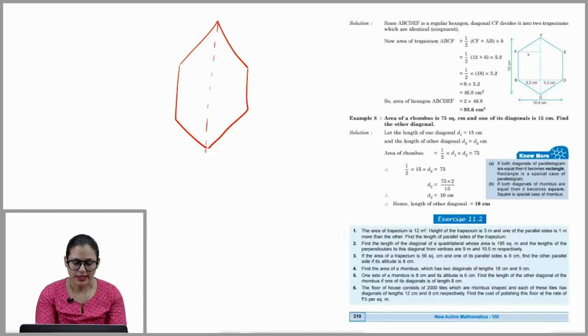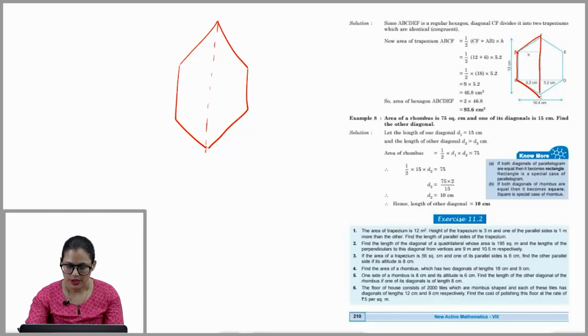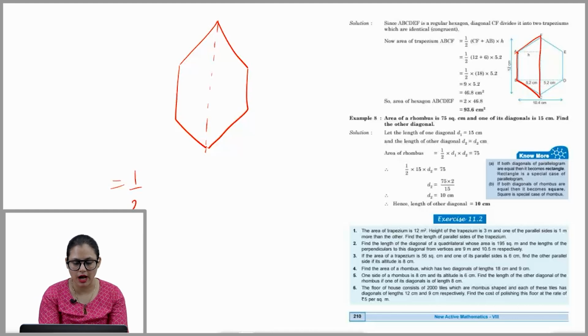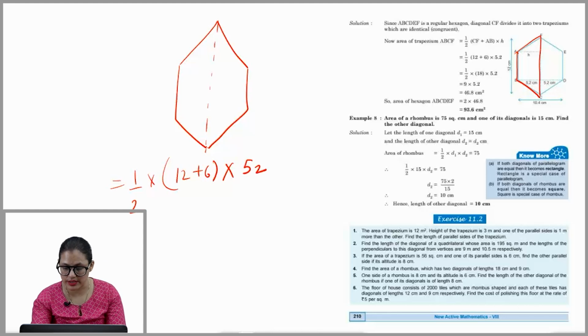So the area of trapezium ABCF, that is this ABCF. The area of a trapezium is half into the sum of parallel sides, which are 12 and 6, into height. The height is 5.2, as you can see here.